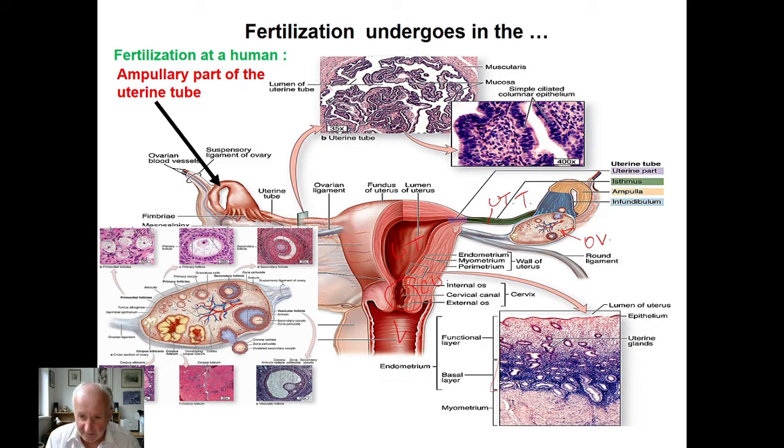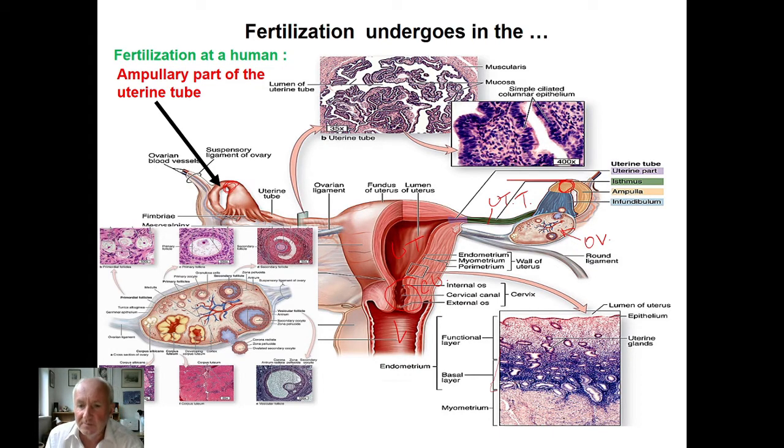Fertilization, please, at a human. Now let's speak about the human. It is happening at this place, on this side, somewhere here. The ampullary part of the uterine tube, or in the ampulla of the uterine tube.